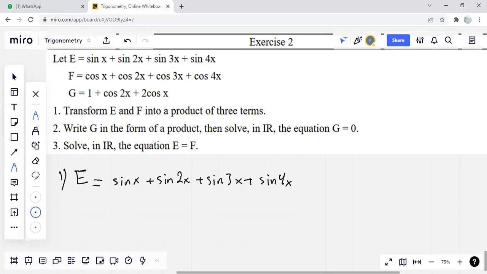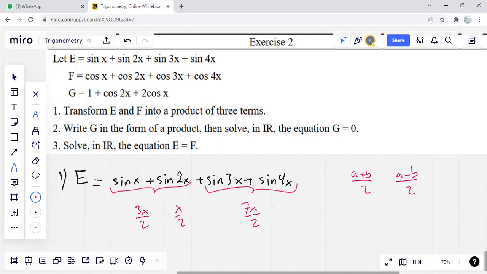If we tried adding each two sines together, as they are written like this, we'll get here, for example, using the rule, a plus b over 2 and a minus b over 2, x plus 2x, 3x over 2. Here we get 3 plus 4, 7x over 2. And for the minuses, 2 minus 1 will be x over 2, and here also x over 2. So the angles would be a bit annoying to work with.